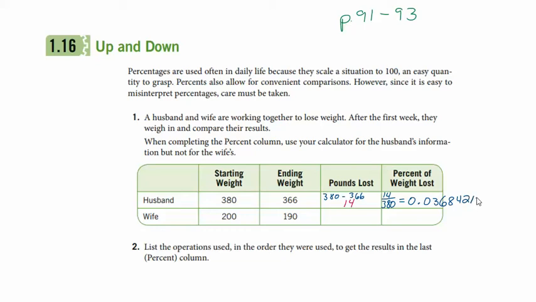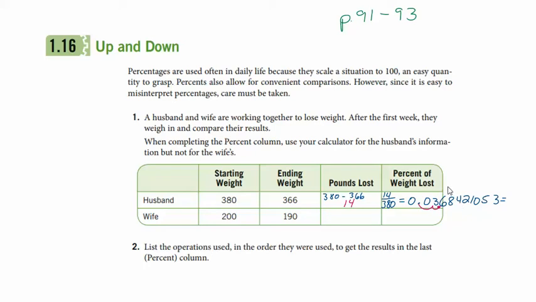0.03684211053. Okay, so the way I got this again, this fraction bar means divide. So I punched in 14 divided by 380. Now if I want to write this as a percent, I'm going to move the decimal 2 places this way. It's going to go right there. It doesn't really tell us how to round it here, so let's round to 1 place after the decimal.